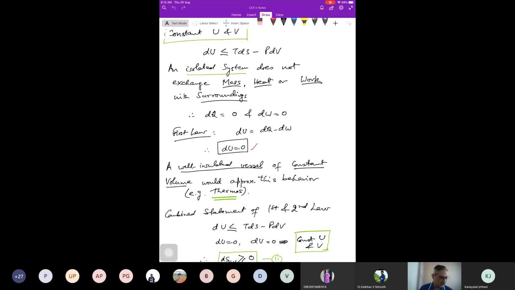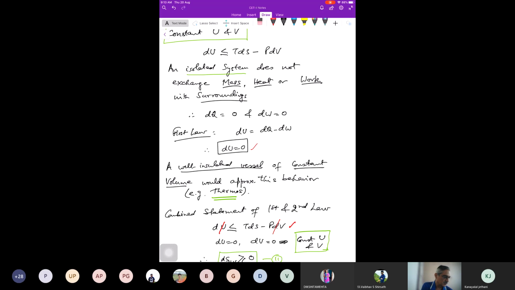So we wrote the combined statement. If you take dU is less than or equal to TdS minus PdV and put dU equal to 0 and dV also equal to 0, because we are saying a constant U and constant V system, a constant volume and constant internal energy system, then if you substitute in this equation, this is 0, this is 0.